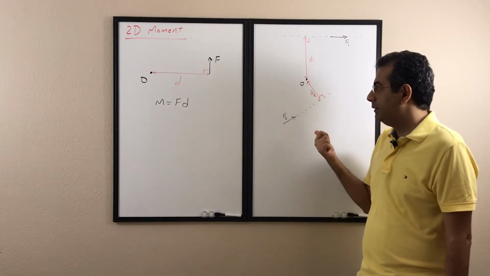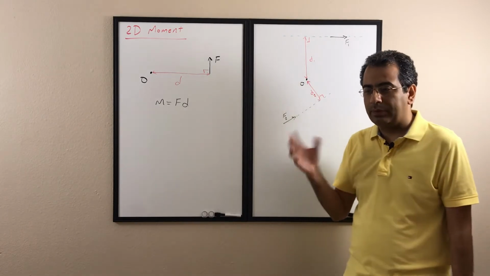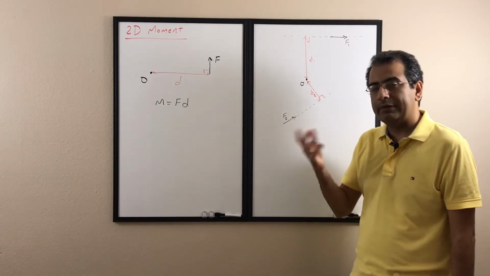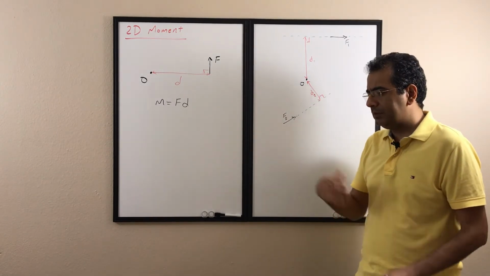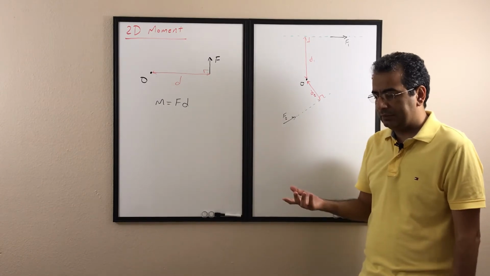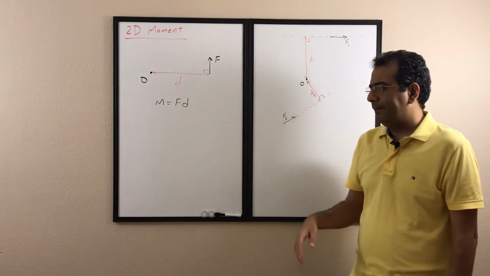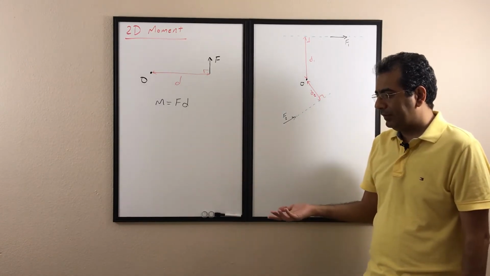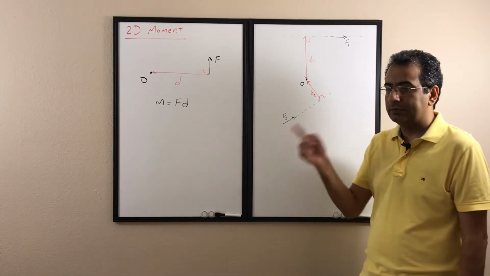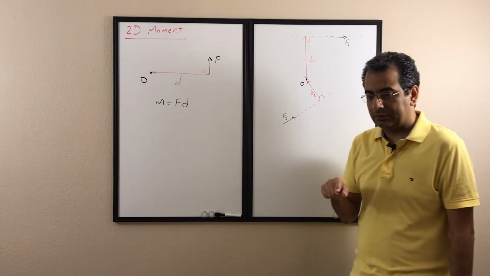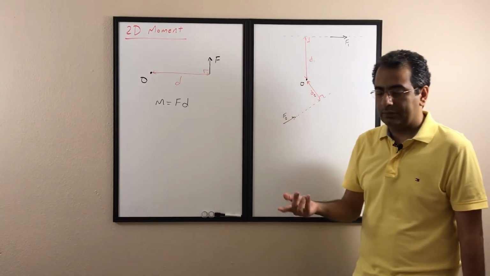To do that, we have to know the positive and negative direction, and most of the time it is what you yourself decide about which direction of rotation you will consider positive. One way is to say, I'm going to consider counterclockwise positive, so all the counterclockwise rotations are positive and all the clockwise rotations are negative, or the other way around.